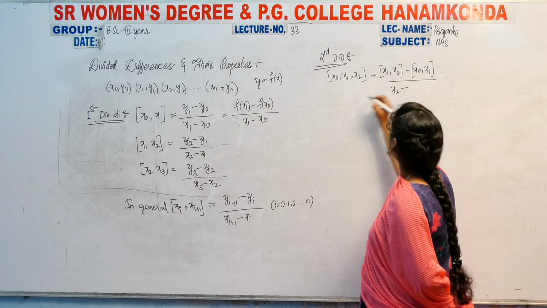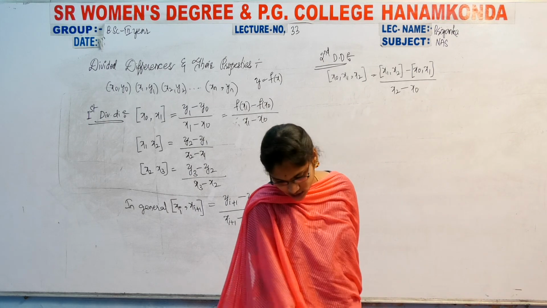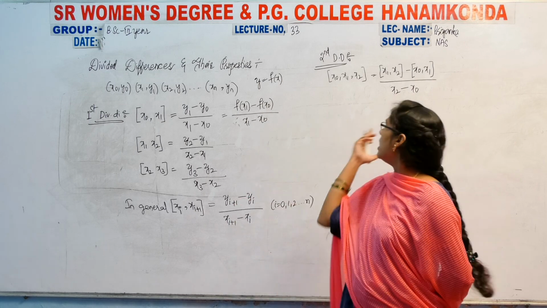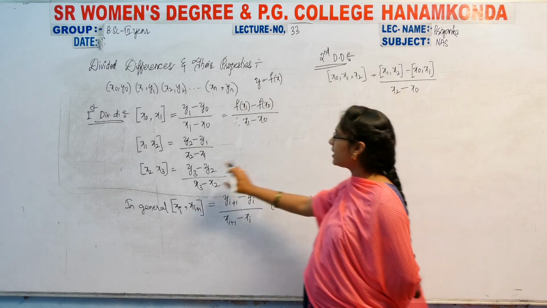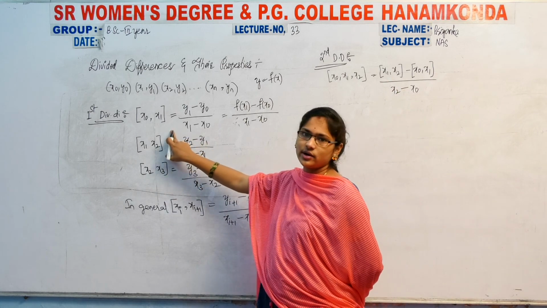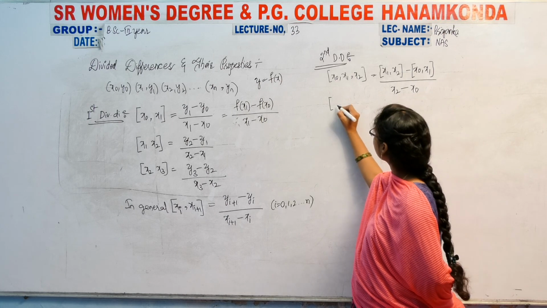And what is the lower value? x0. If you want to calculate this value, first of all you have to calculate [x1, x2], next [x0, x1], and then directly substitute. Okay.